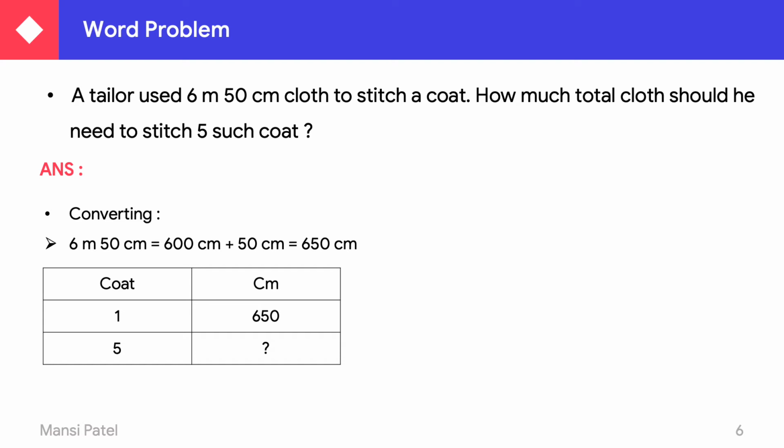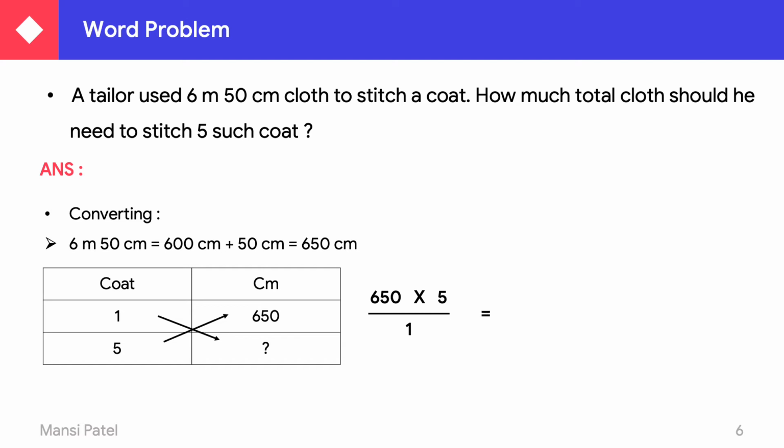The numbers which are in the cross, do the multiplication, and the number which is remaining, we write down in the division. So in this you have to do the multiplication of 650 multiplied by 5 divided by 1.